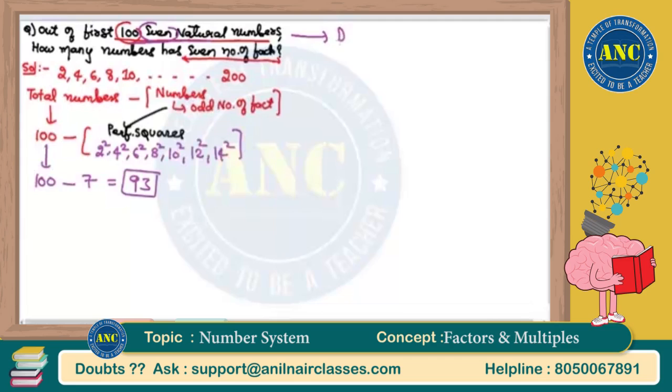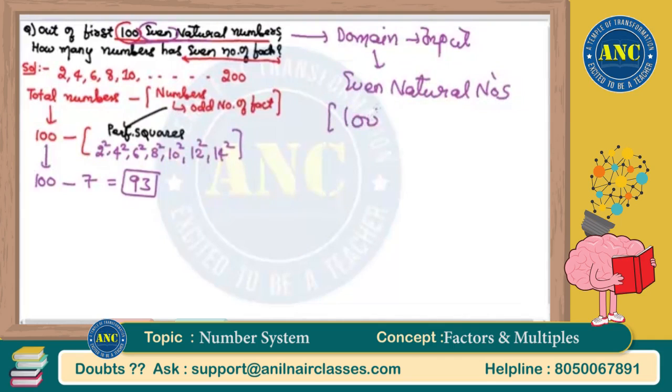Domain is the input that we are giving to the function. An even natural number is the input, and the number of numbers we take is nothing but 100. I hope it is clear.